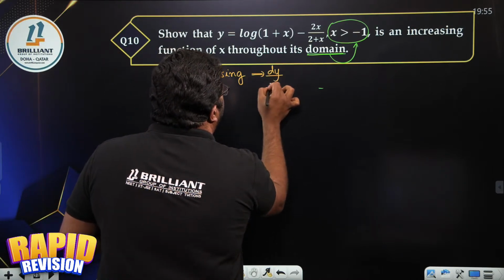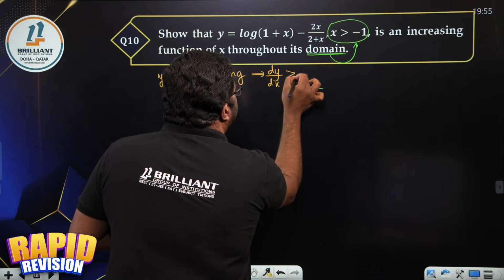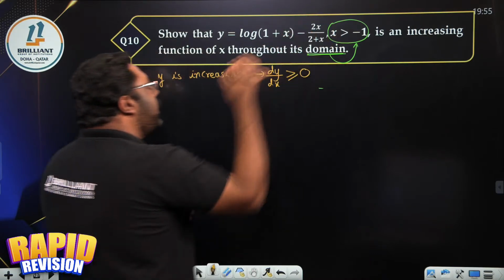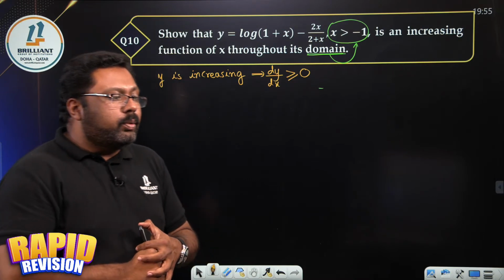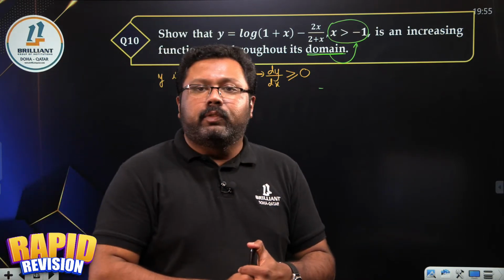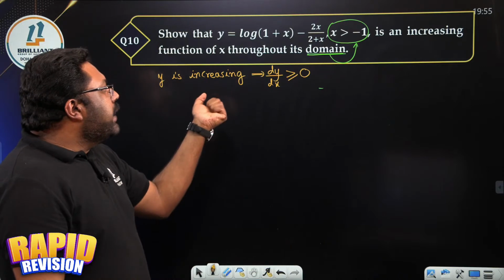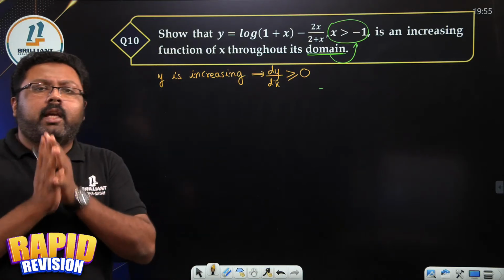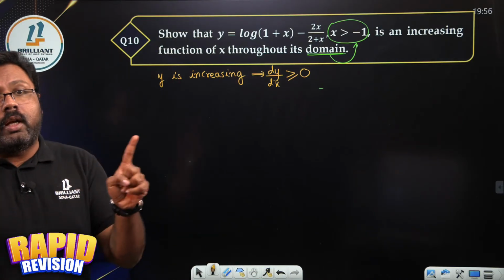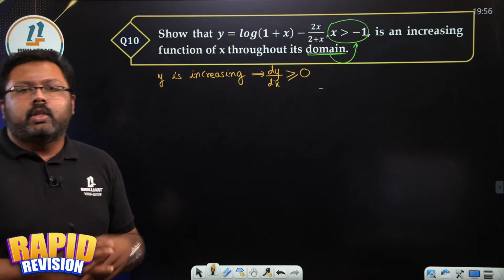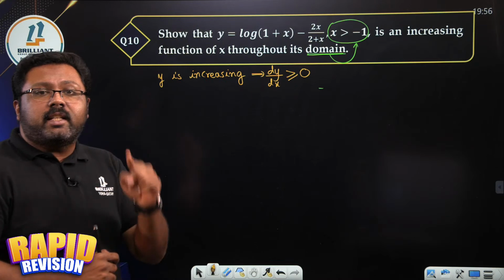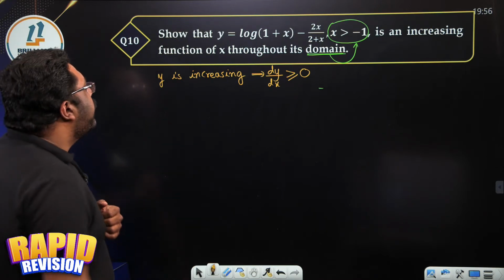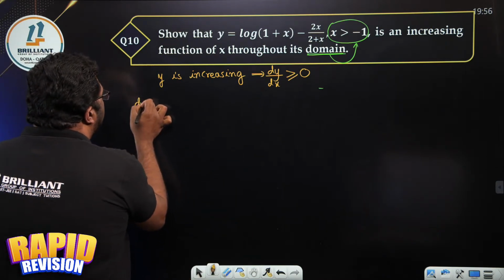This is not strictly increasing, so it need not be strictly greater than 0. It can be greater than or equal to 0. Right answer, Dhruval. If you want to prove that a particular function is increasing, not strictly increasing, you just have to show that the first derivative is greater than or equal to 0. So let's go after derivative now.